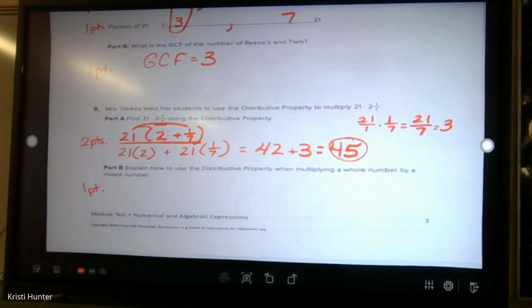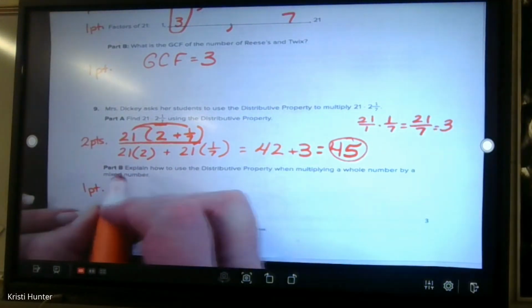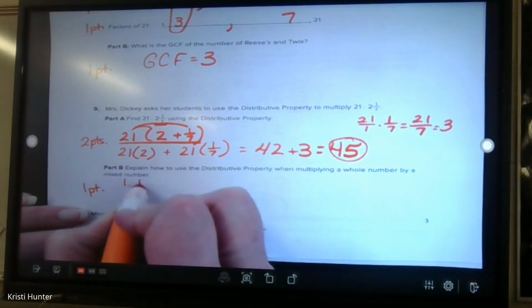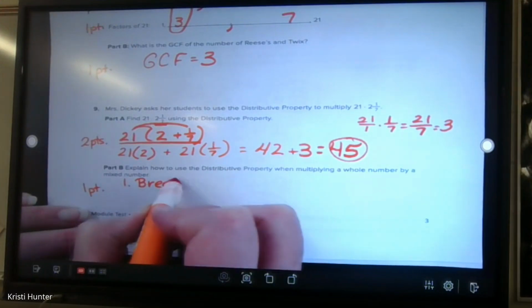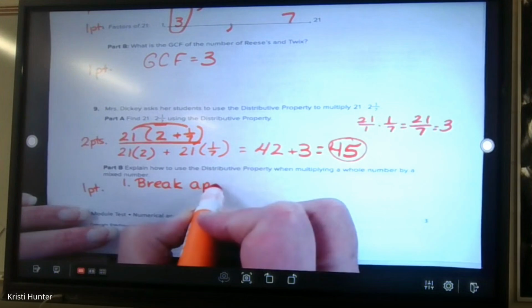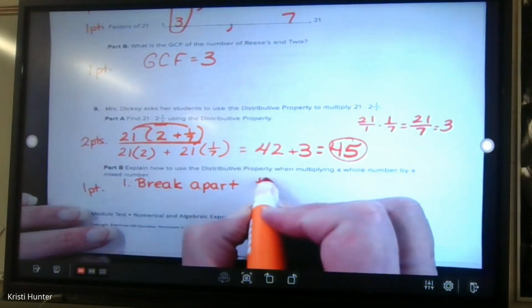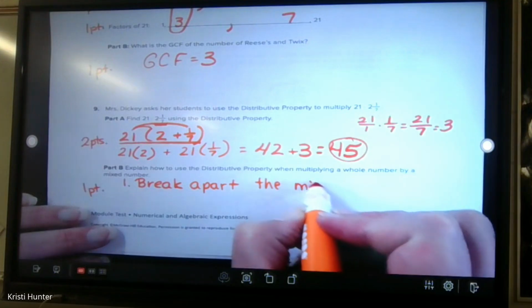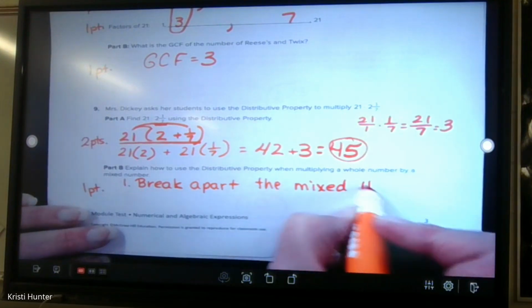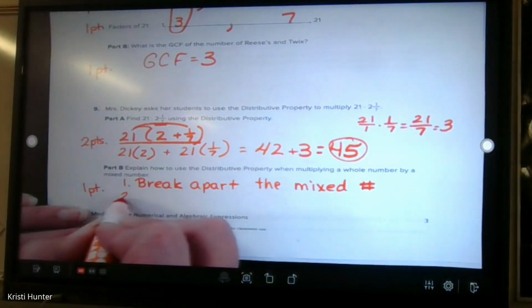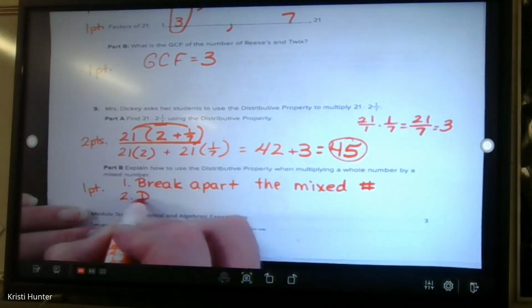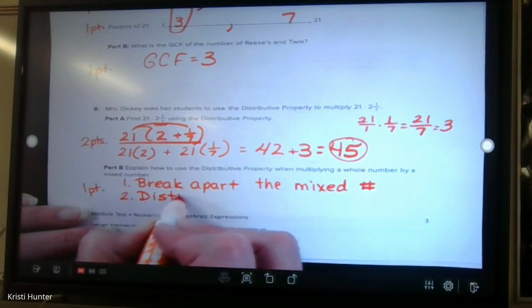And it's just explain what you did. You're welcome to use the numbers there, or you're welcome to explain how to use the distributive property. So what I would write was step 1, I'm going to break apart the mixed number. Step 2, I'm going to distribute.